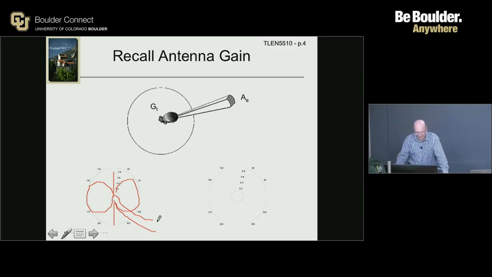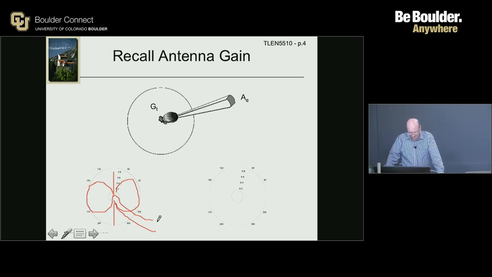Often we need that in 3 dimensions, so that basically at any point when you feed an antenna here, it's got a certain gain in any direction. We often talk about the maximum gain of the antenna. It's in its boresight, but keep in mind that gain varies with angle of azimuth and elevation.